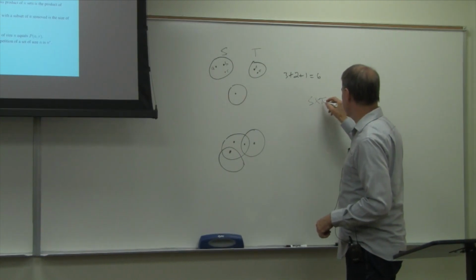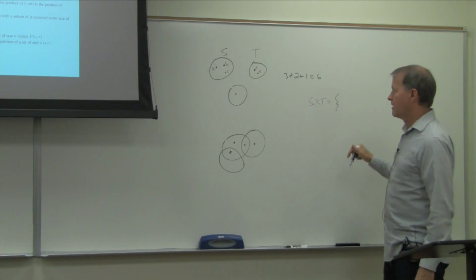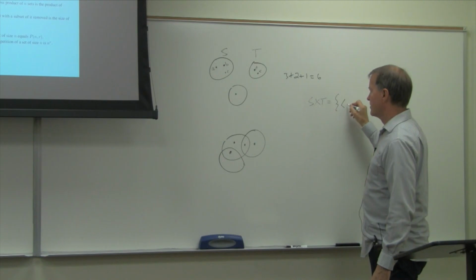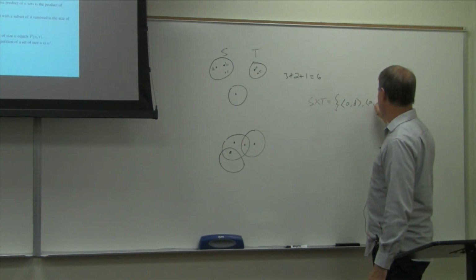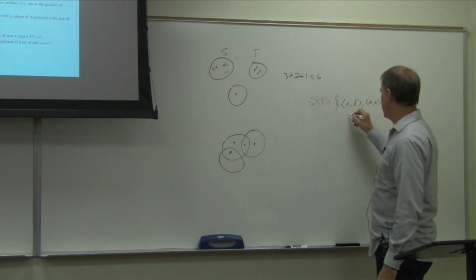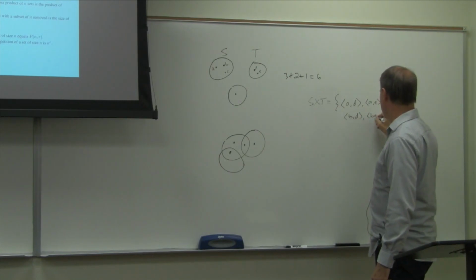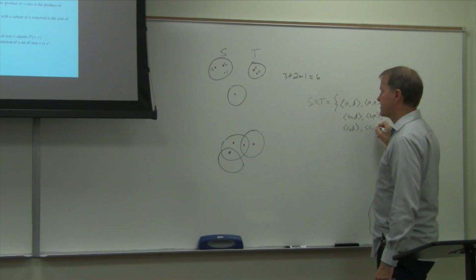This is all review. It could be AD, AE, BD, BE, CD, CE. Yeah, it's a set of ordered pairs. So it's A, D, A, E, B, D, B, E, and C, D, C, E.